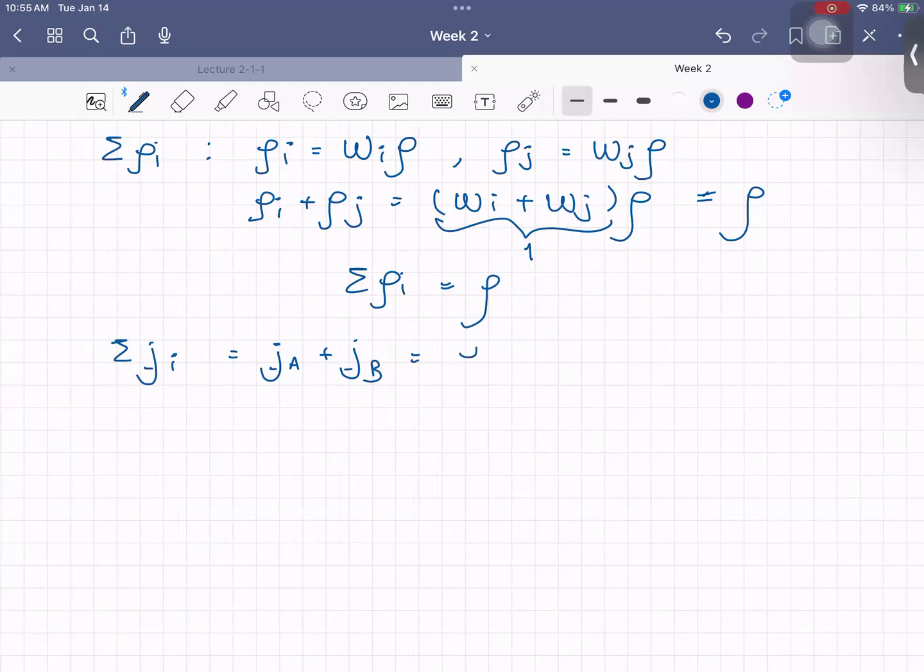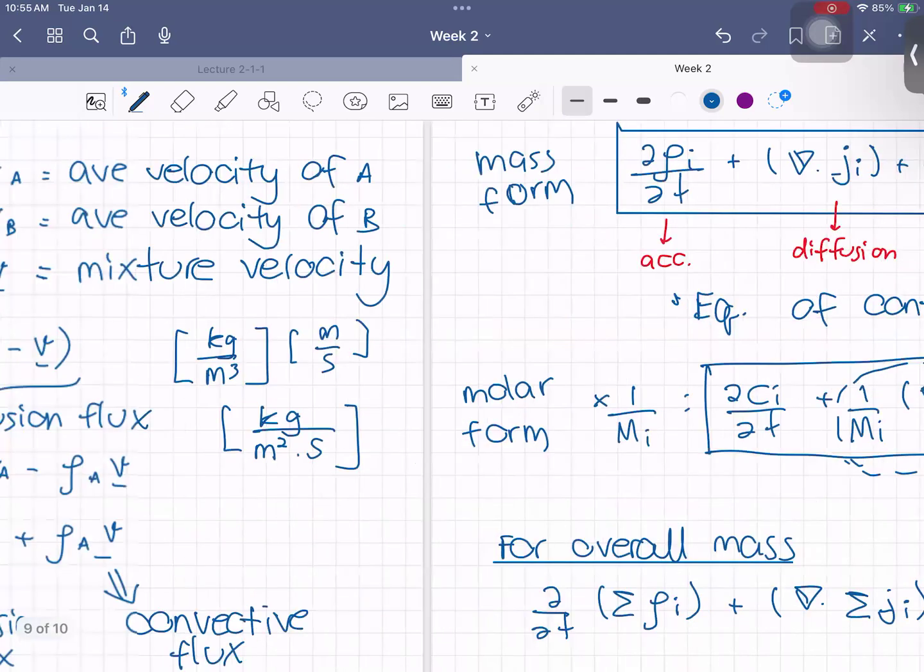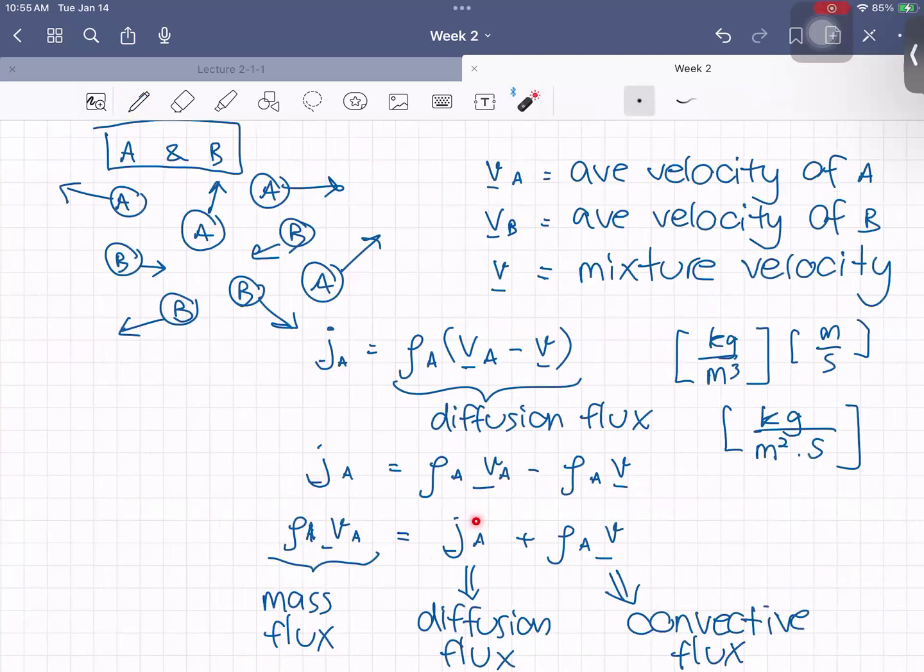That will be rho A times (v_A minus v) plus rho B times (v_B minus v). You still remember this? Where does it come from? This is the diffusion flux, right? It comes from this equation. You remember the one that I'm pointing at right now?